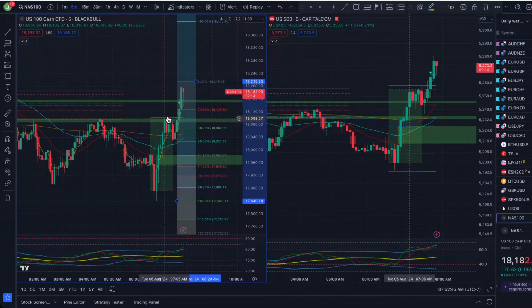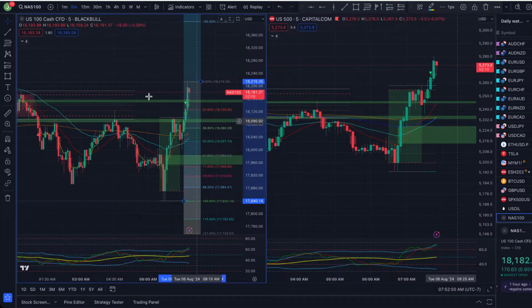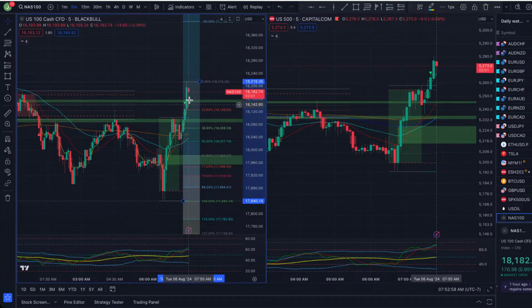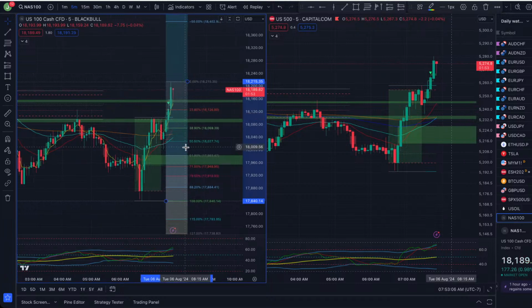We have the top of the range. We now have all of these fair value gaps that become inverse fair value gaps. They still have importance. Price can still bounce off of them, the consequent encroachment of the other side of it. Again, I'd like to see it retrace back into the range first, get closer to the EMAs, and look obvious.